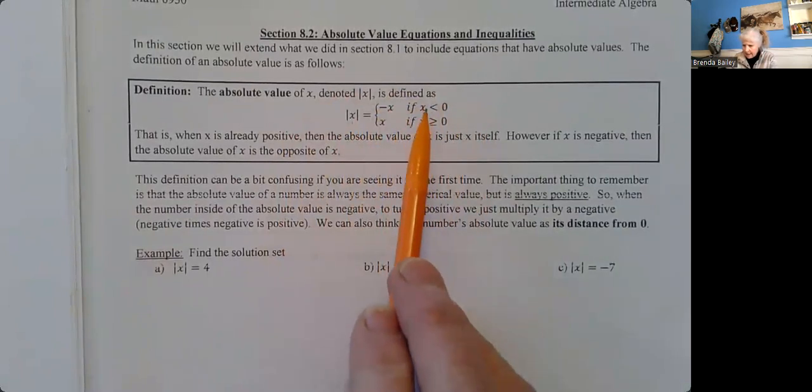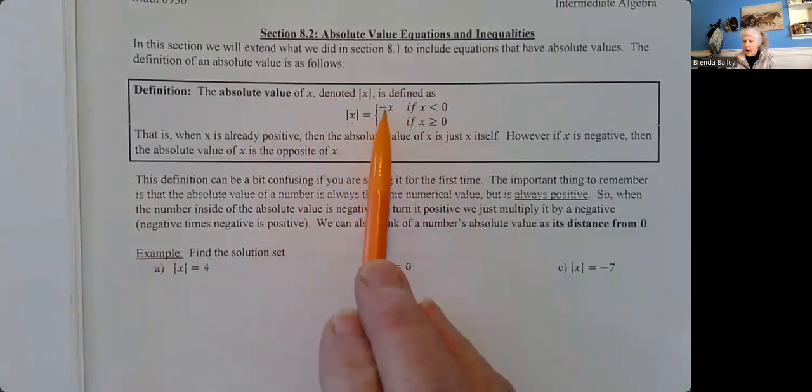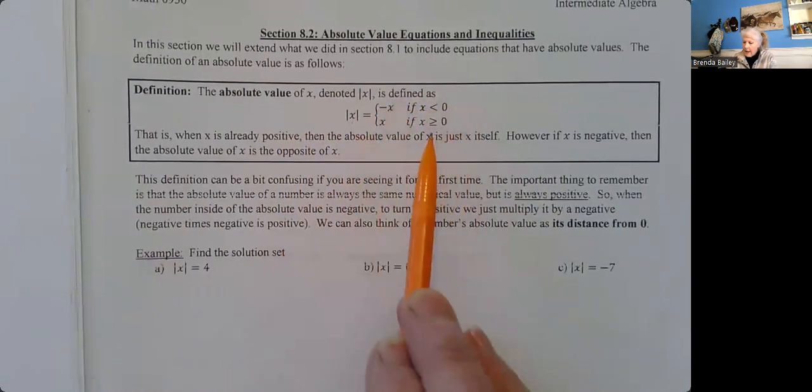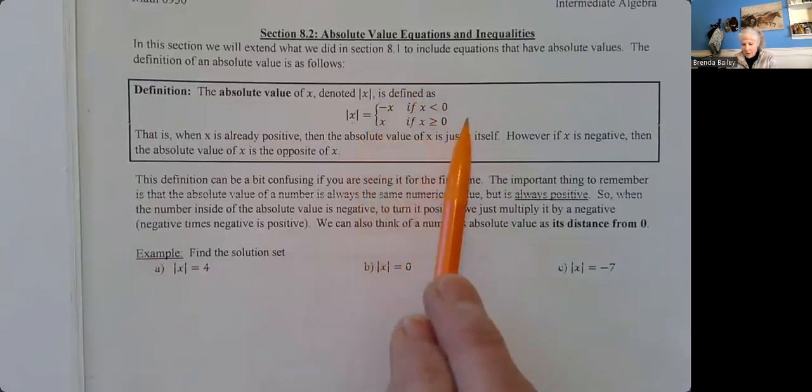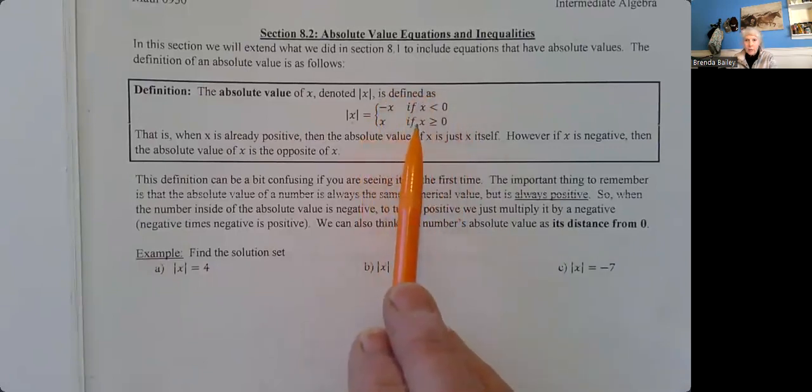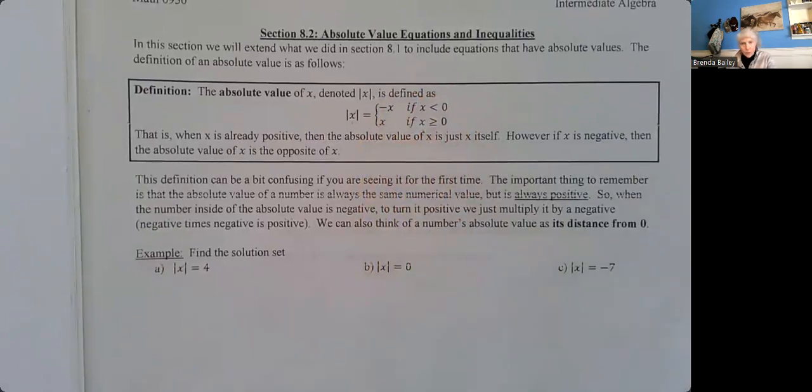So if x is negative, you take the opposite of it because it will become positive. If x is already positive, you leave it. This is the formal definition, and this is what we're going to use in order to solve some of these equations, and it won't be too difficult. Just remember that they always need to be positive.